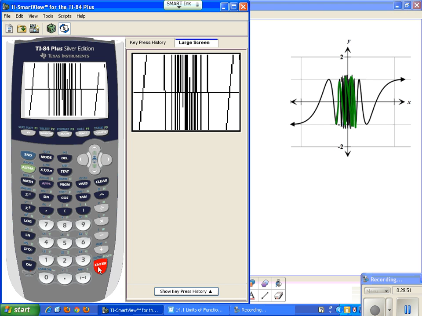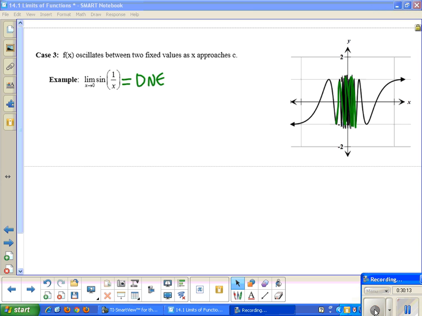If I hit trace, at 0 we had nothing, but from the other side of 0, it's approaching a negative value, and on the positive side, it's approaching a positive value. And if you put it into your table, you would also notice that you're approaching a negative and positive value, so the limit doesn't exist.